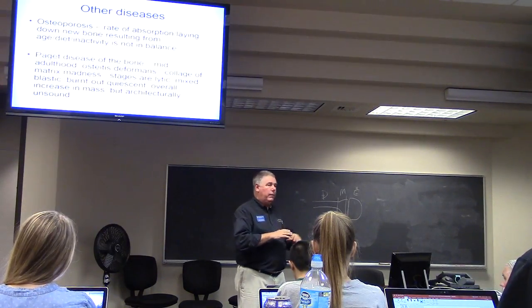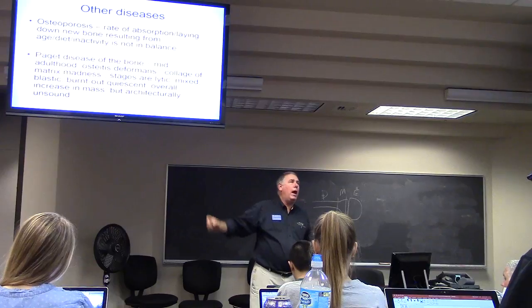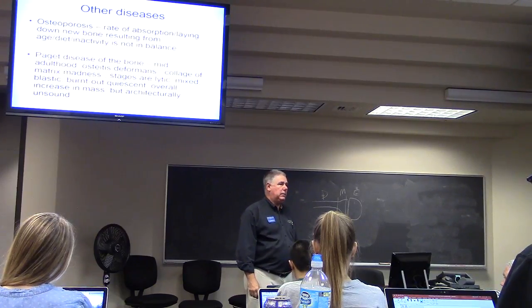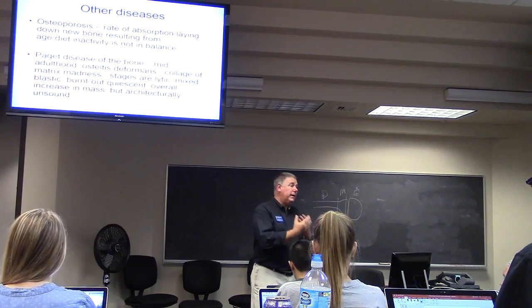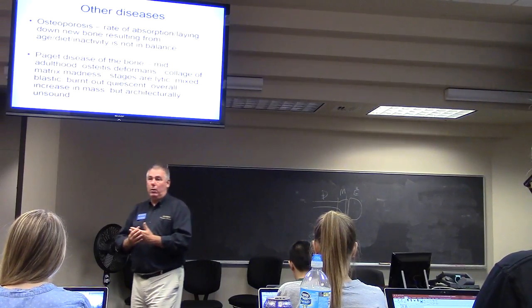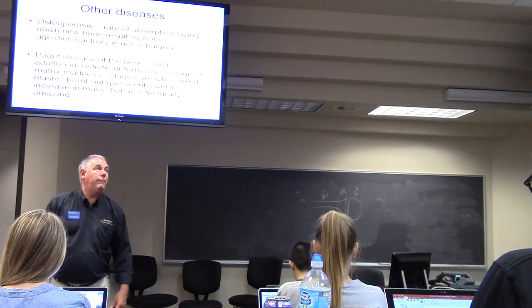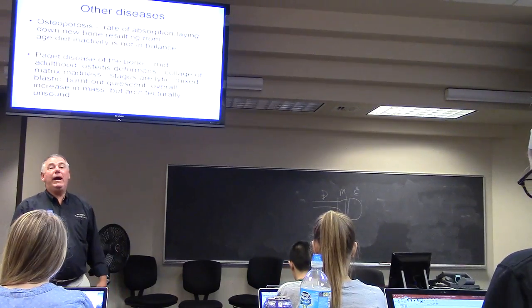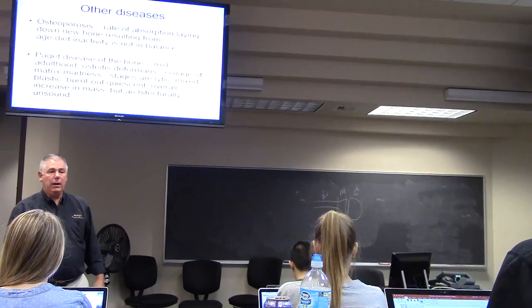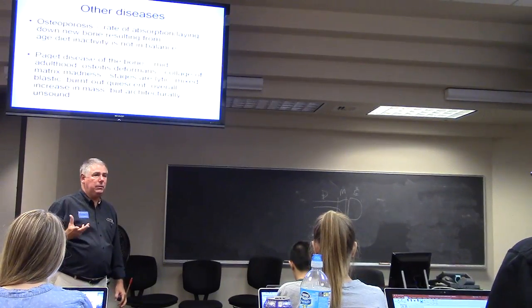Osteoblasts are laying down bone like crazy, and it's just, as it says here, a collage of matrix madness. That's what it looks like. Because it's not laid down properly, it's not as strong. So people with Paget's disease of the bone suffer from a lot of easy fractures. It's not a malignant process like Paget's disease of the breast is.